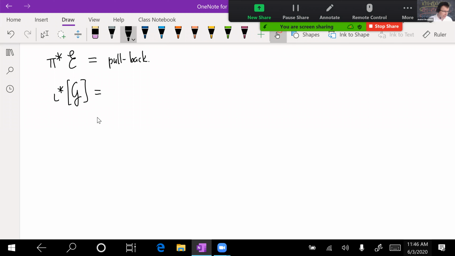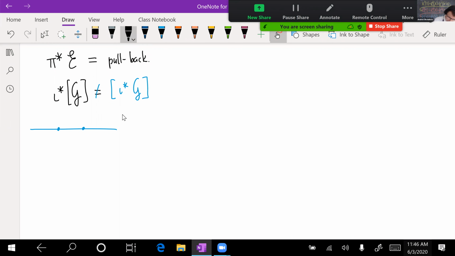For example, suppose I have a line and I have a point and another point. All points on the line are equal, the structure sheaves of all points on the line are equal in K theory. But if I really pull back the sheaf, it depends whether I pull back to the same point or to a different point. So this is not the class, the pullback here.